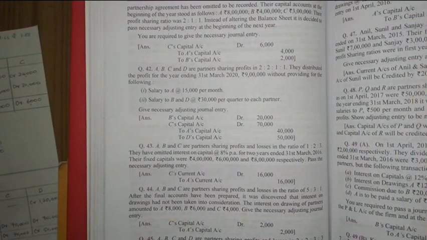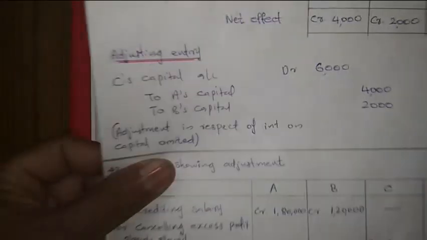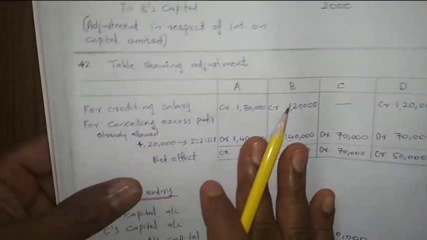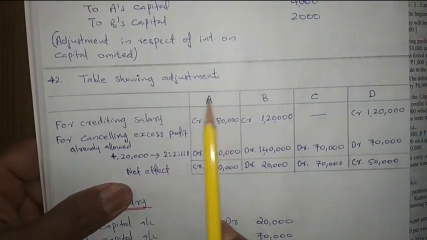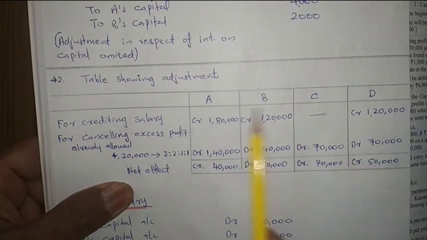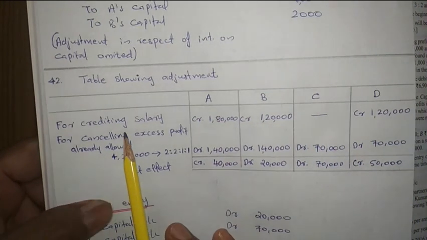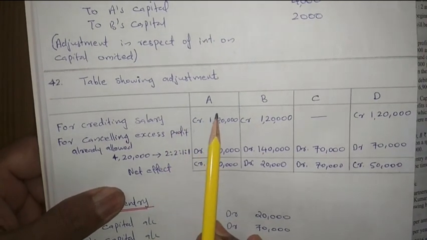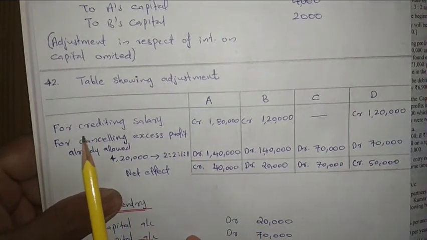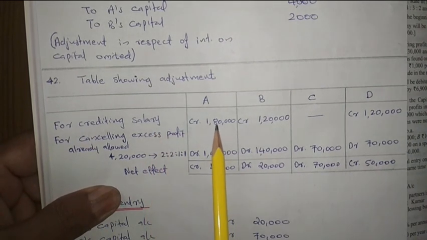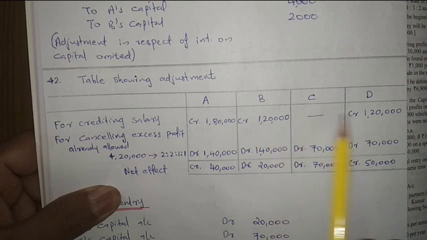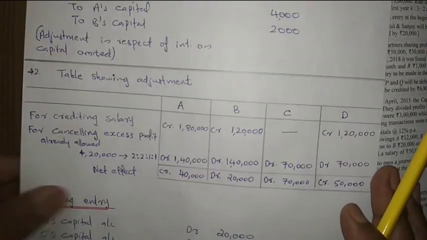First of all, that salary we are crediting, you can see the answer. Here 4 partners are there, that is why A, B, C, D, 4 columns. For crediting salary we are actually crediting their capital accounts. Their respective salaries are written: 1,80,000 for A, and B and D the same amount, taken according to the question.